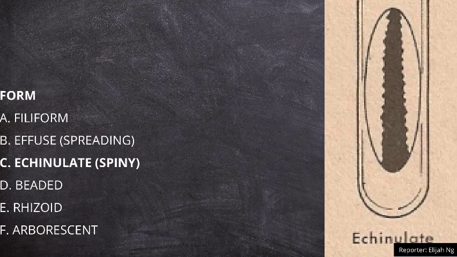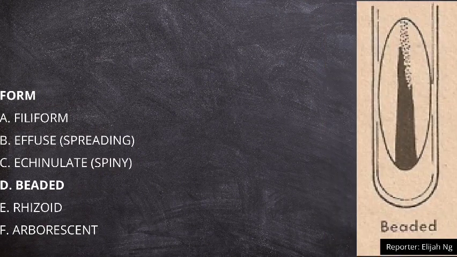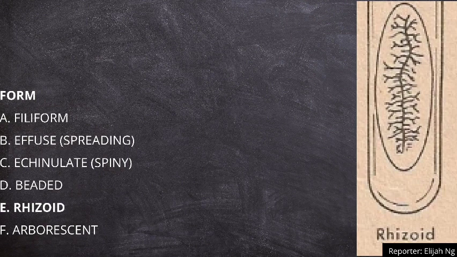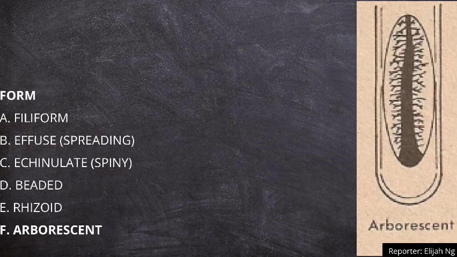It's toothed or pointed in margins. Fourth is beaded, which is separate or confluent colonies along the line of inoculation. E, or second to the last, is rhizoid. It's irregular, branched, or root-like in appearance. And last is arborescent. It's branched and tree-like in growth, as you can see in the picture.